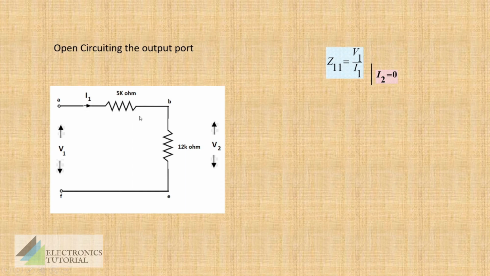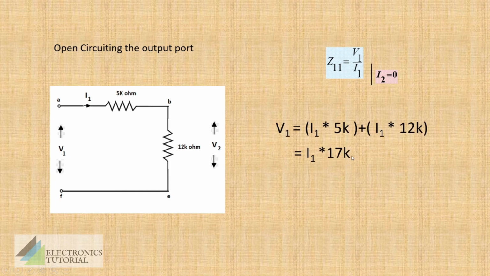V1 is equal to 5K into I1 plus 12K into I1. This can be simplified as I1 into 17K. This can be substituted in the above equation. Z11 is equal to V1 by I1, that is equal to 17 kilo ohm.